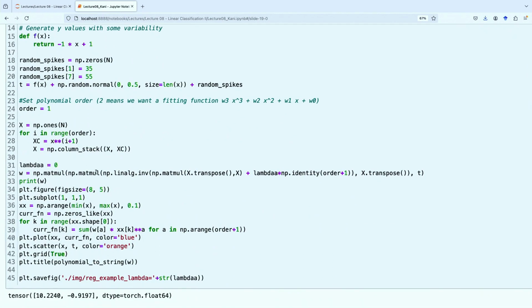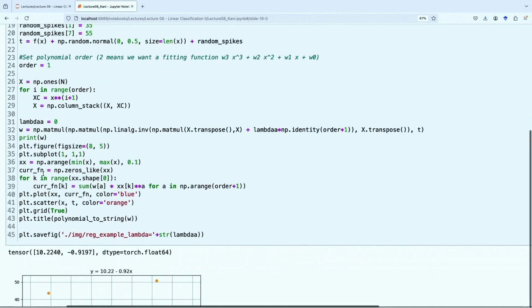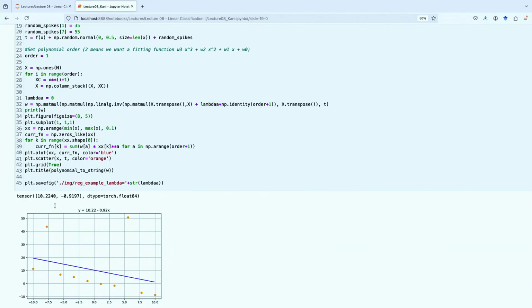So if we do the matrix multiplication solution, we get the following figure, which is the same as what we saw before. That's good. That's our control. Lambda is equal to 0, so we have no L2 regularization loss, so nothing changes.